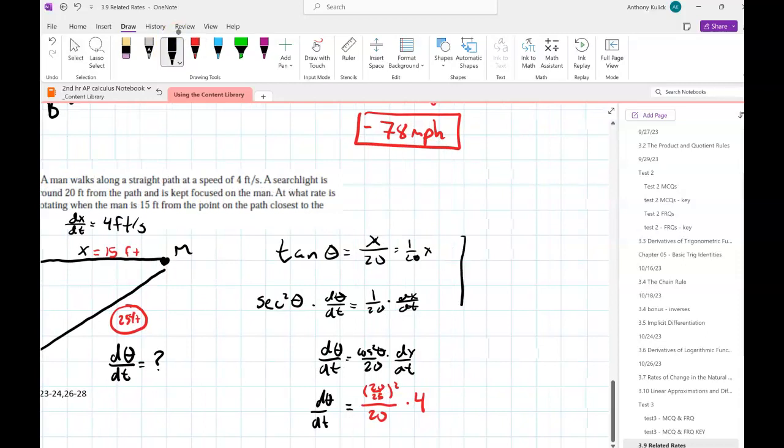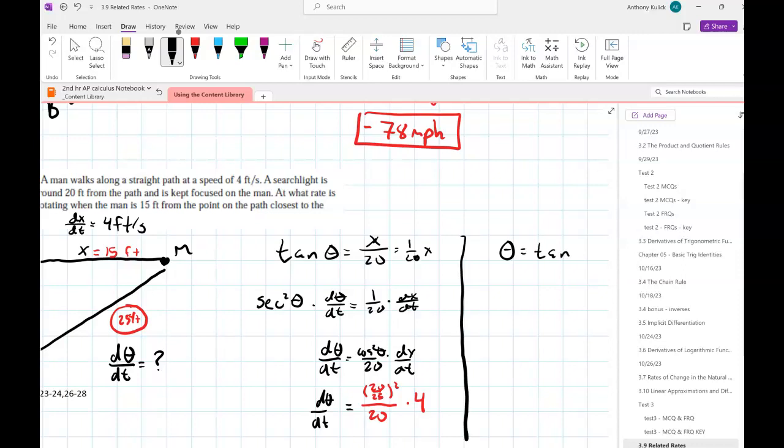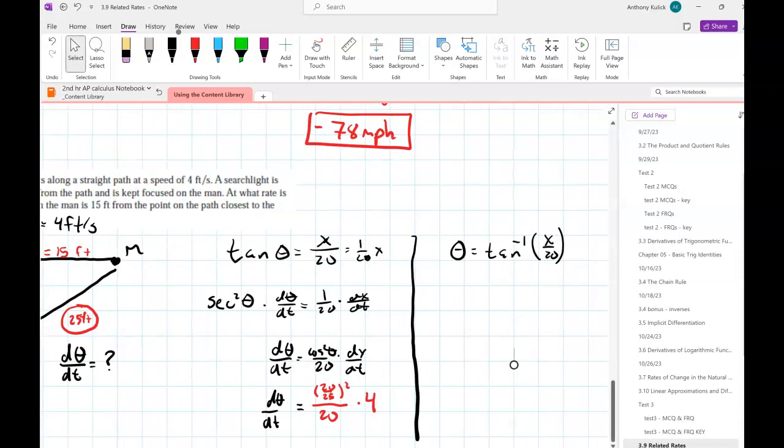Now, that's not the way I would have done it. Instead of doing tan theta of this, I would have done theta is tan inverse of x over 20. The reason I like doing it this way better is because I will not have to find cosine from the picture. So when I do that, that's now a chain rule derivative.